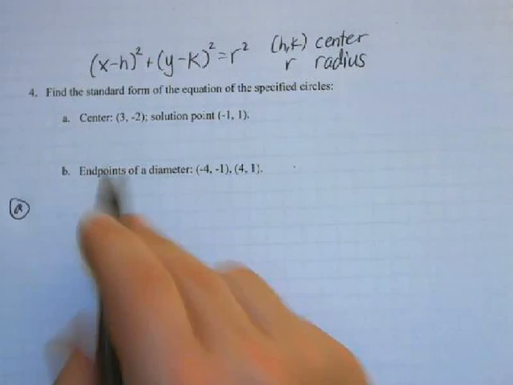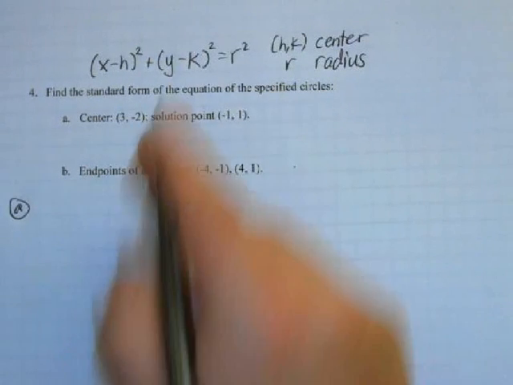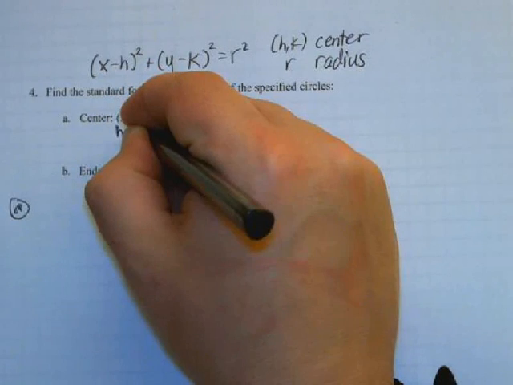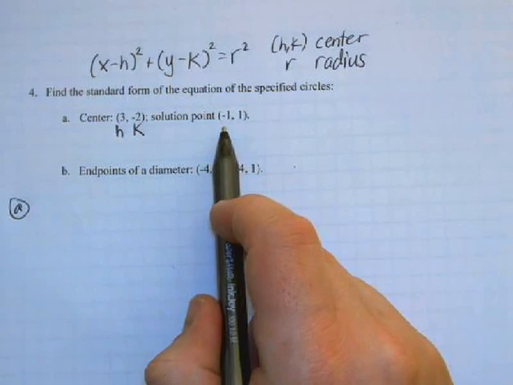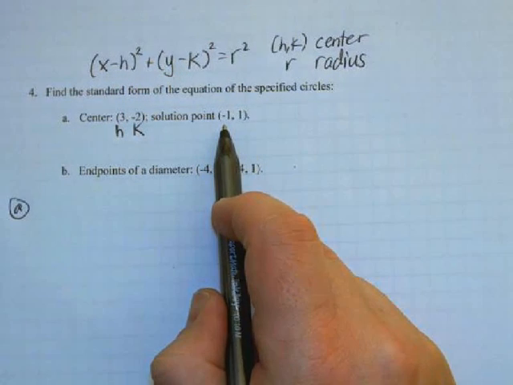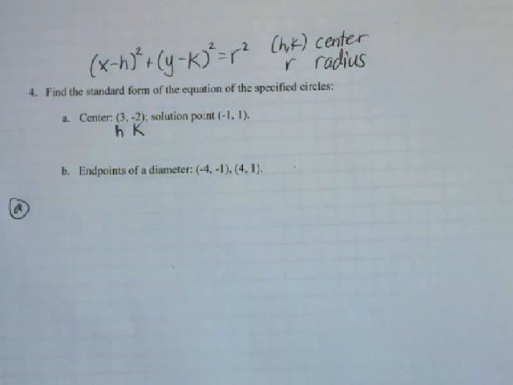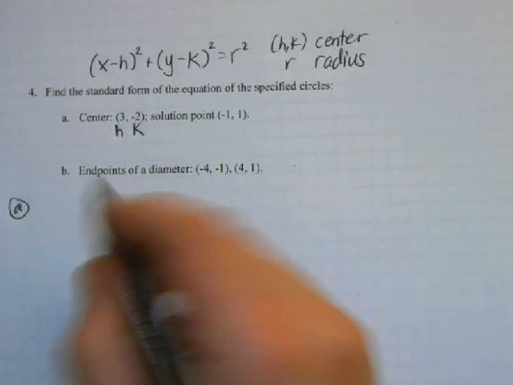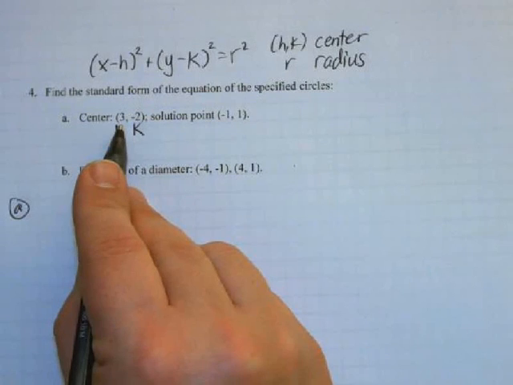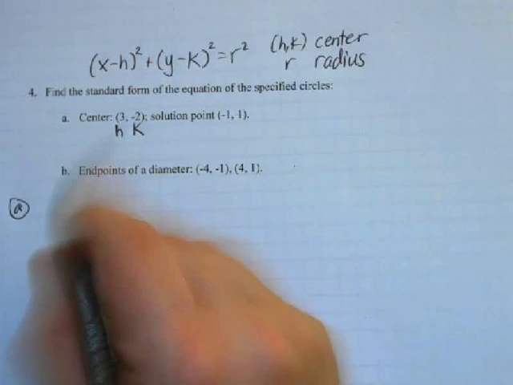So for part A, we're given the center, so that's my h and that's my k. And then I'm given a solution point, which is simply a point on the circle. So we need to find r. So what is the distance between the center and the solution point?